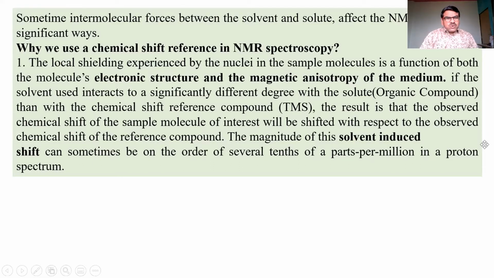first, the local shielding experienced by the nuclei in the sample molecule is a function of both the molecule's electronic structure as well as the magnetic anisotropy of the medium. You know the electronic structure, but what does magnetic anisotropy of the medium mean?